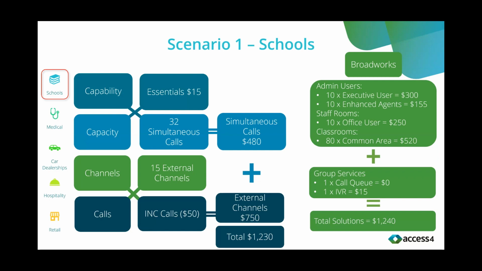It really comes down to, with that school scenario, as you expand, if they bring on more admin staff, or more staff rooms, or they have phones out in the playground for the teachers who are on duty, that pricing is not going to change. While on the BroadWorks side, as soon as you start wanting additional things, it's going to push up that cost.